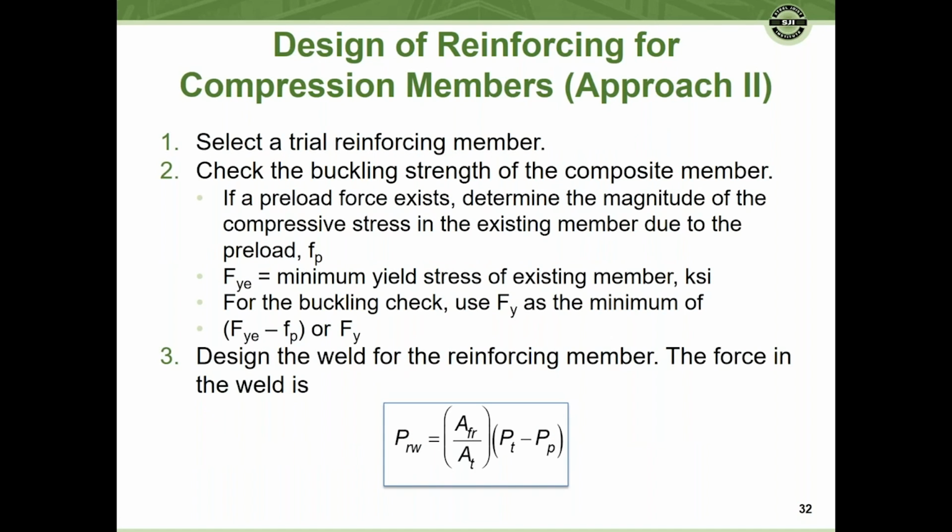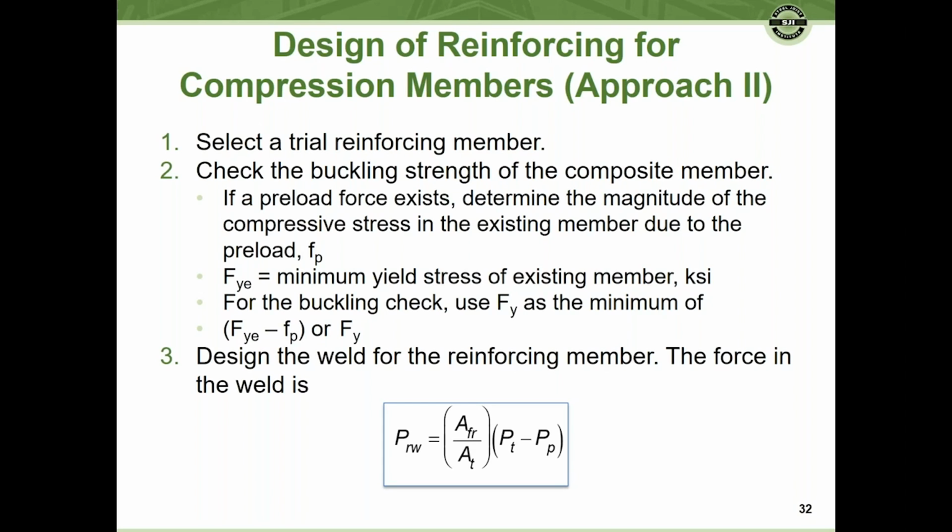And so then when we go through approach number 2, the procedure is to select a trial reinforcing member. And like I said, don't make it exotic. Make it available material, and try to use the same material for each one of the repairs, particularly the repairs of the webs. That simplifies it quite a bit. Item number 2 is check the buckling strength of the composite member.